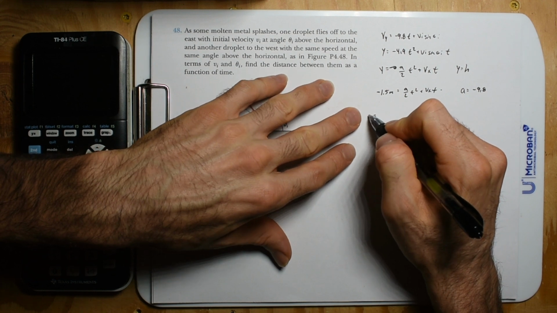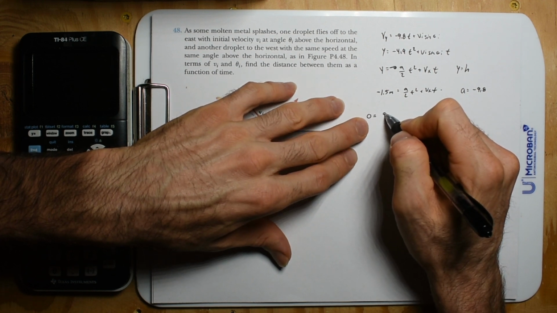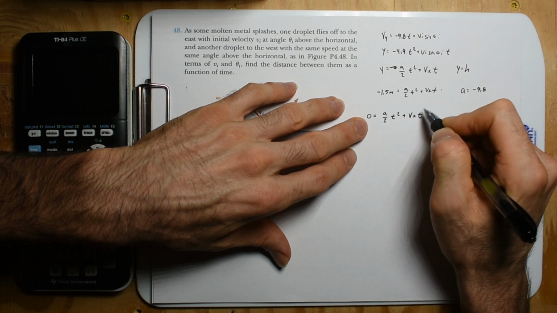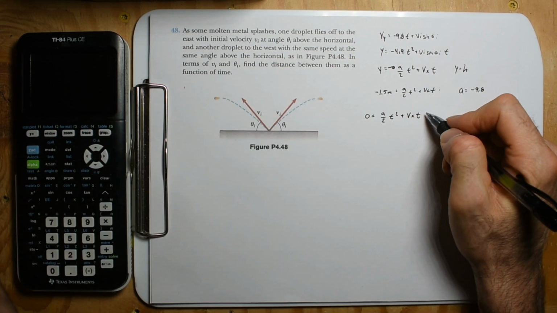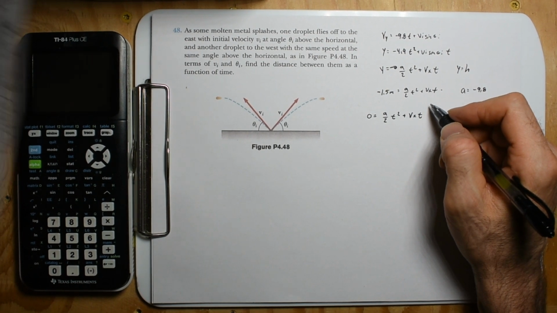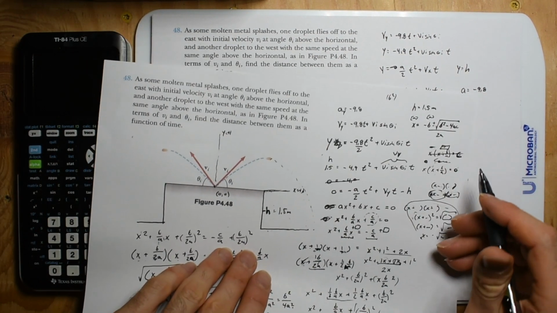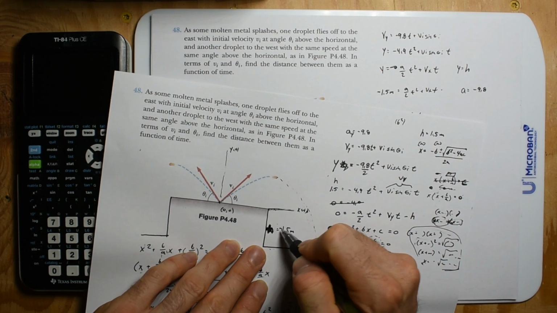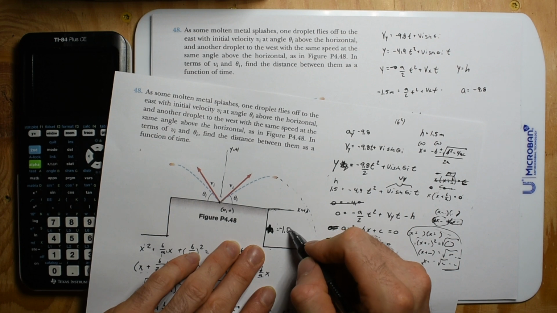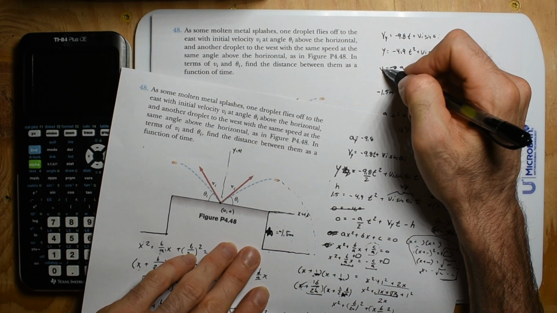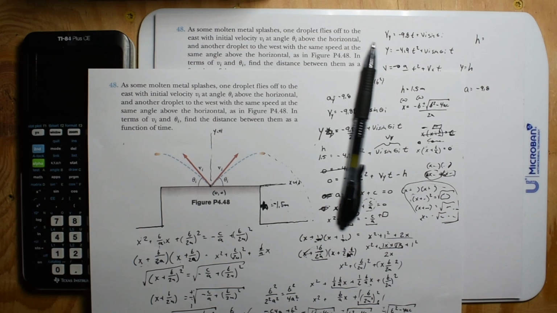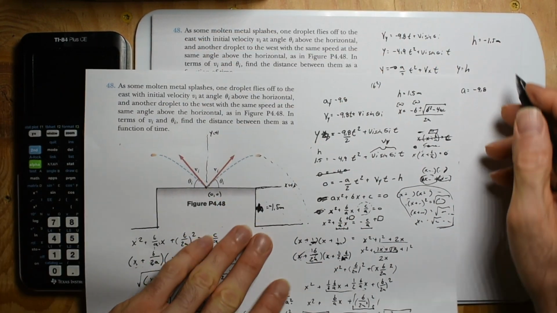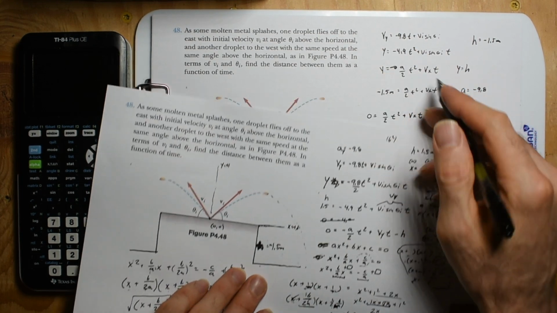So we're going to have 0 is equal to a divided by 2 t squared plus vxt. I'm going to say h is negative 1.5. So when y is equal to h, h is negative 1.5 meters, and we'll just throw it in as y.